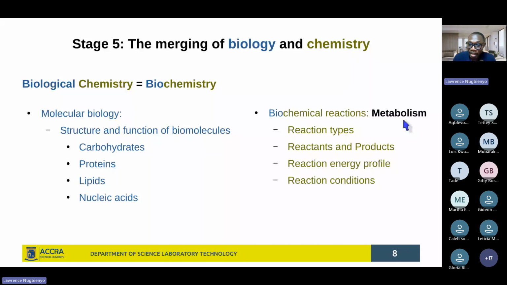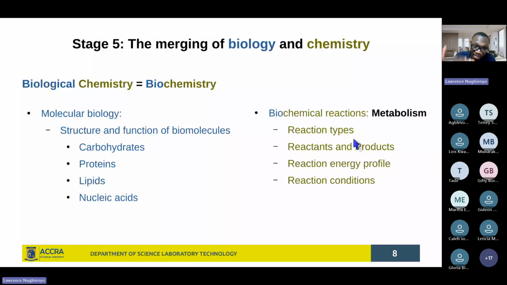So then in that aspect, just like you were looking at reaction types, here too, with these metabolic reactions, you begin to look at what type of reaction is it? Is it an oxidation reaction or is it a reduction reaction?